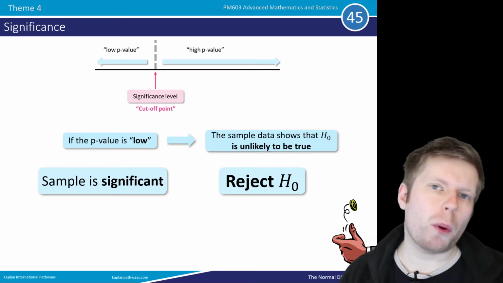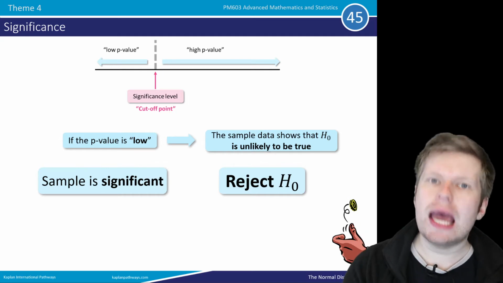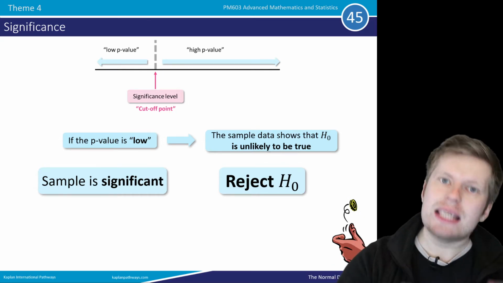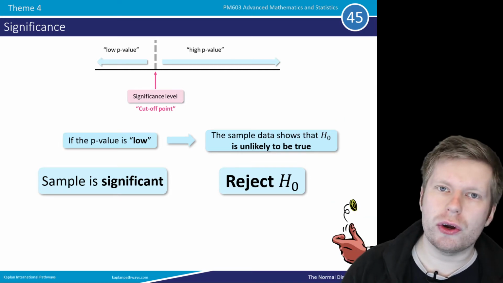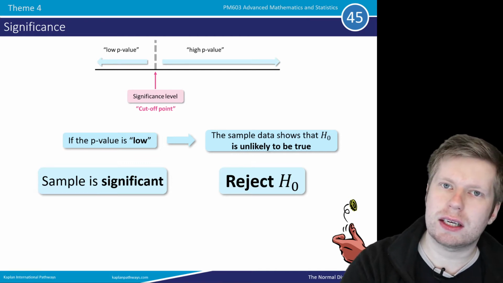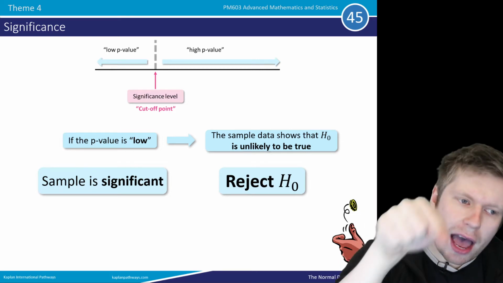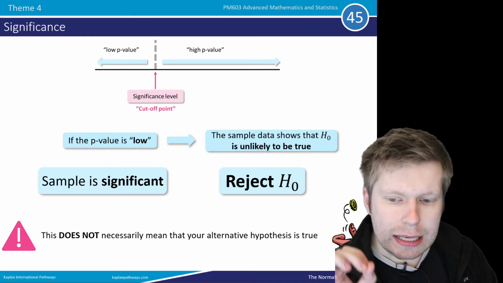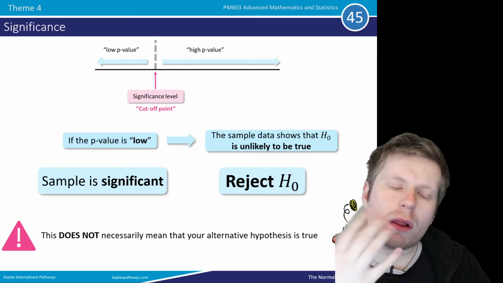So if you're ever writing a report or writing anything down in statistics and you use the word significant, it means you've done a hypothesis test, you've obtained the p-value, and you've said my p-value, the probability of obtaining this sample, assuming the null hypothesis is true, is less than whatever my significance level is. That's what significant means in statistics, okay? It doesn't mean anything else. So if you use the word significant in statistics, you have to use it in this context and no other context is allowed, okay? So I need to be really clear here as well. We've rejected the null hypothesis.